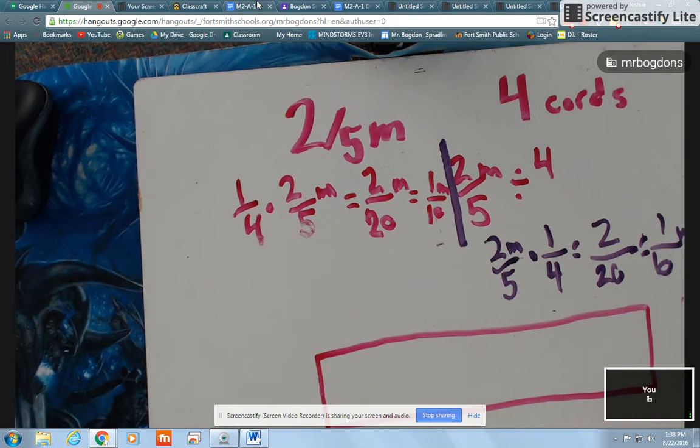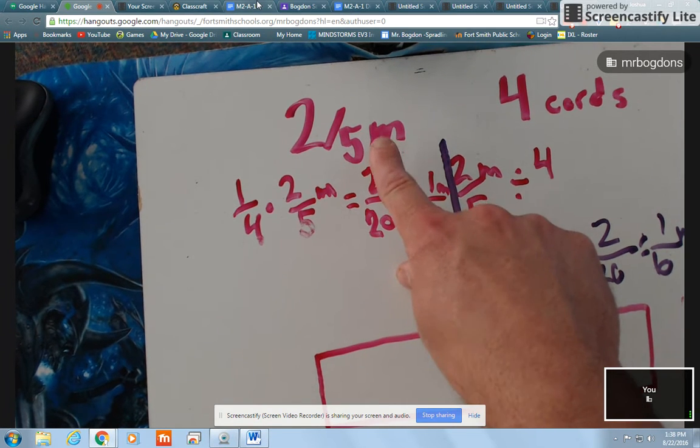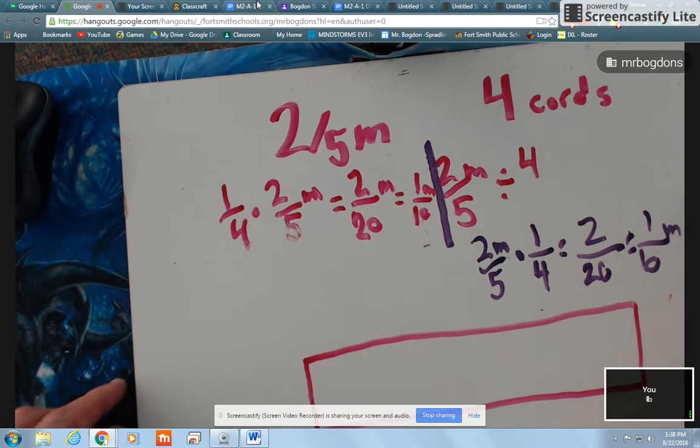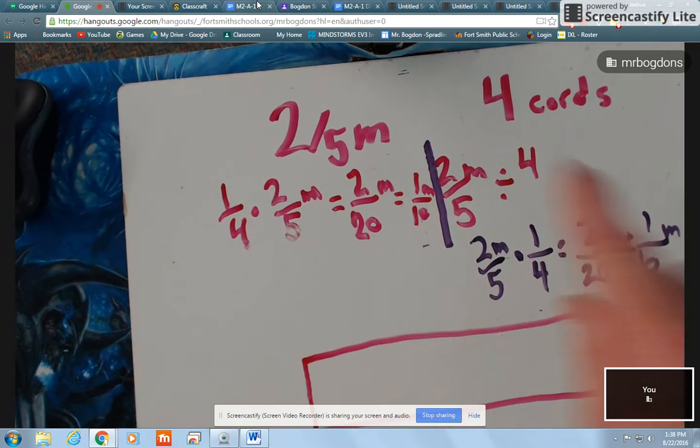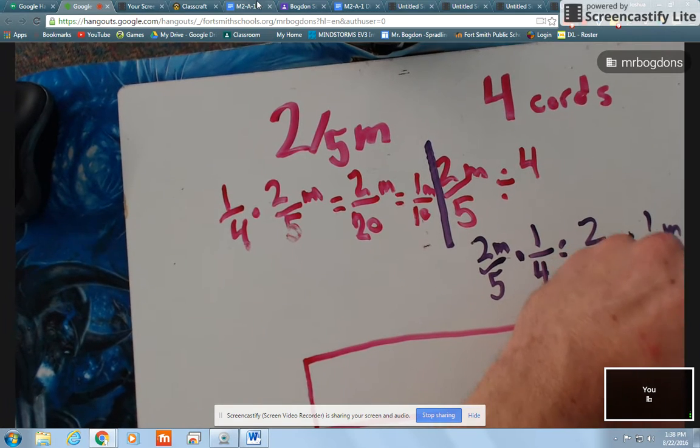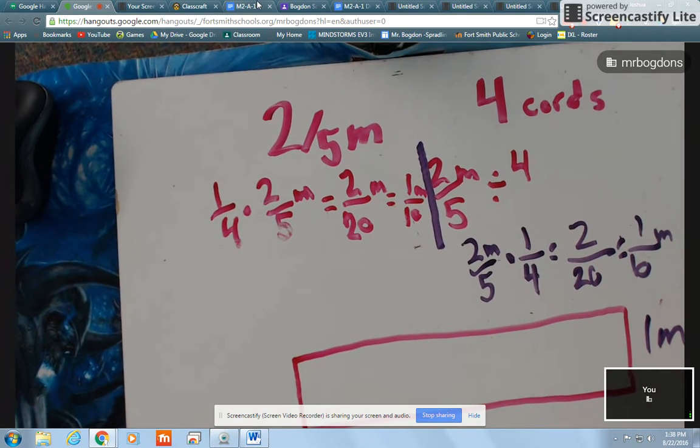Now, if I wanted to show this just using a diagram, I draw what I have to share. What do I have to share? What am I cutting up? The rope. So in order to show 2/5, what do I have to split this 1 meter into? If this is 1 meter, how many times do I need to split it?